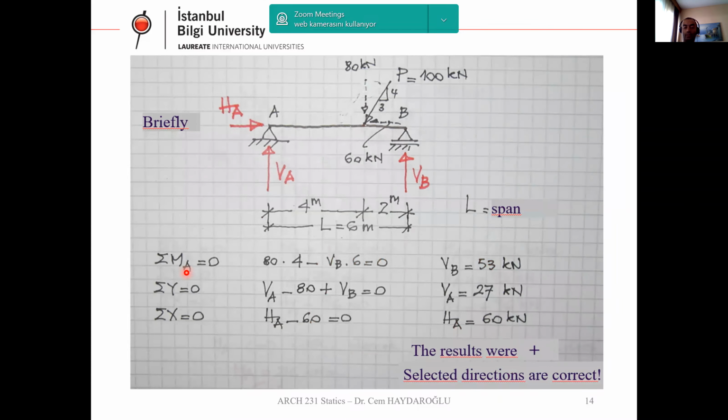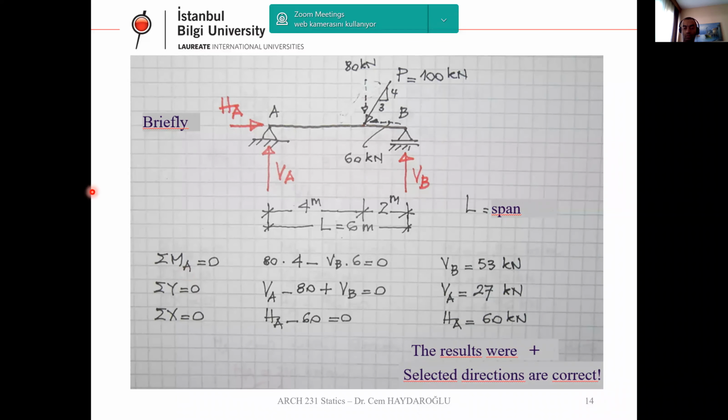Total moment at point A equals 0. Why? Because it's the pin support. It can rotate, but it can't move. So the moment at this pin support is 0.